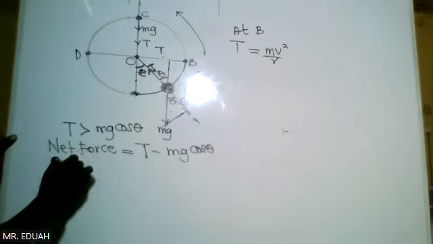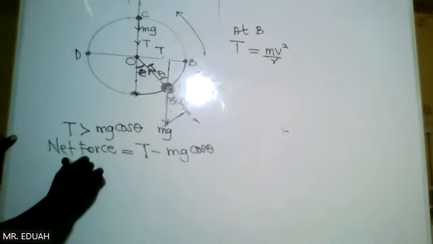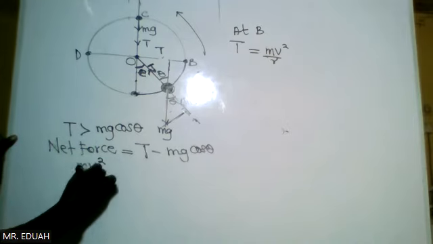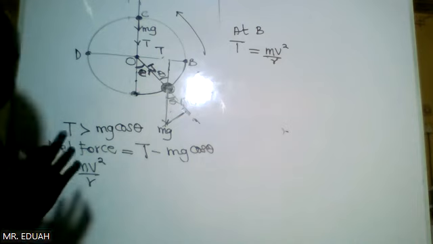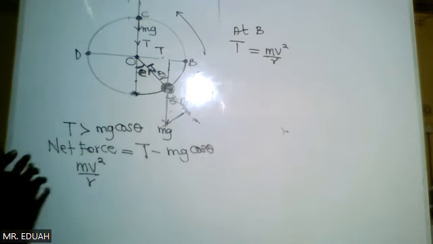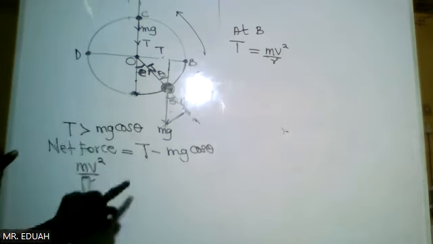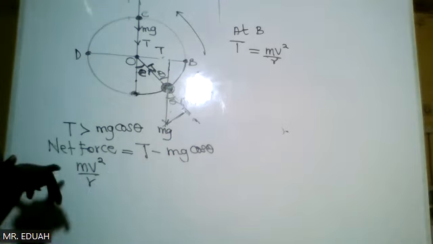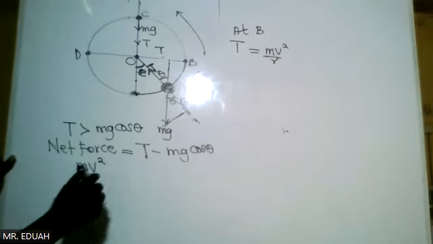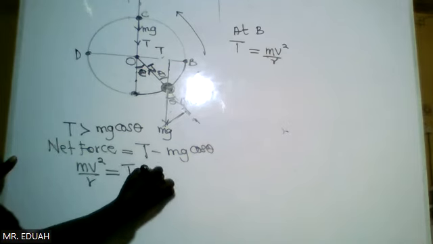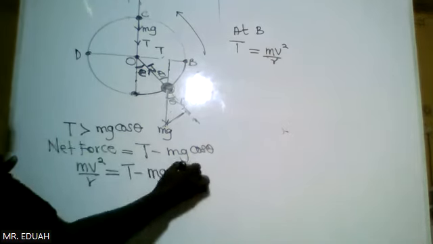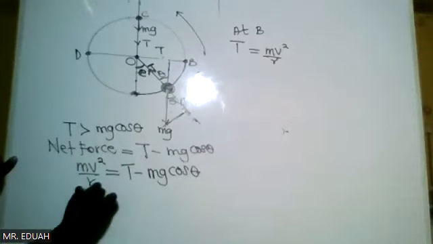Because of that, we equate the net force to the centripetal force. Because centripetal force acts towards the center along the radius. So if we have a net force with the same direction, then that must be equal to the centripetal force. So let's make T the subject.